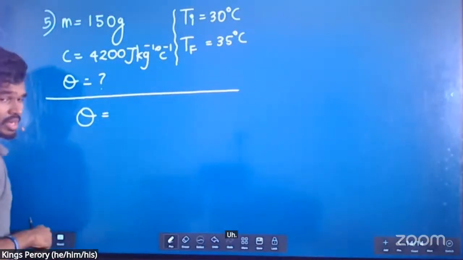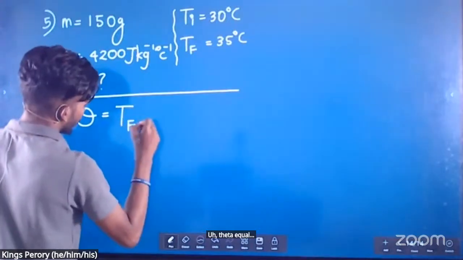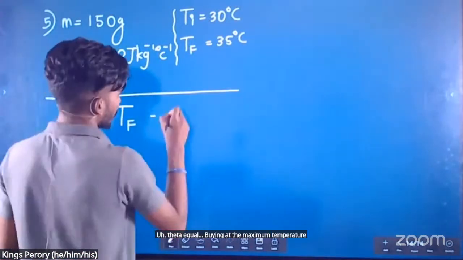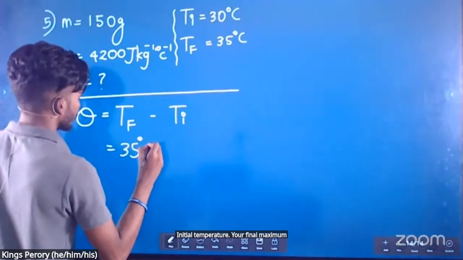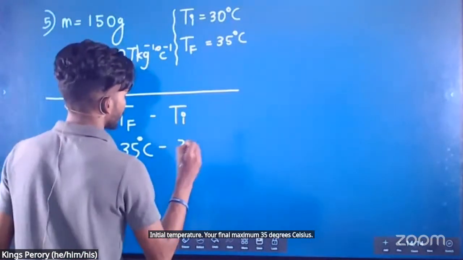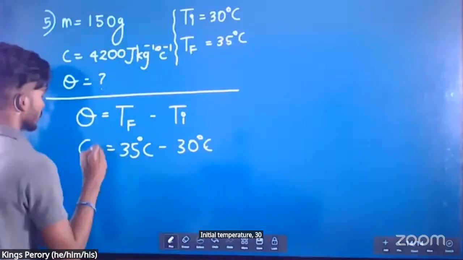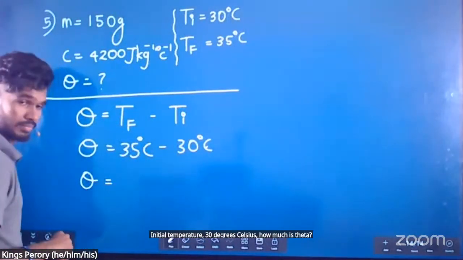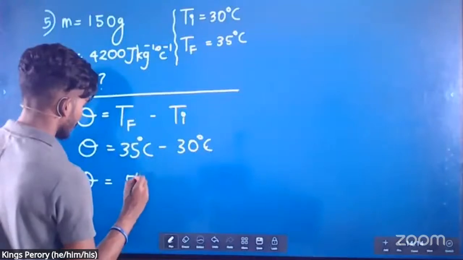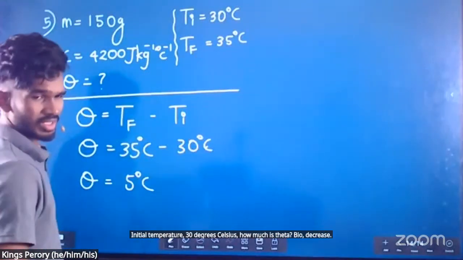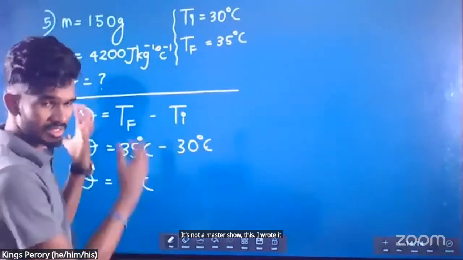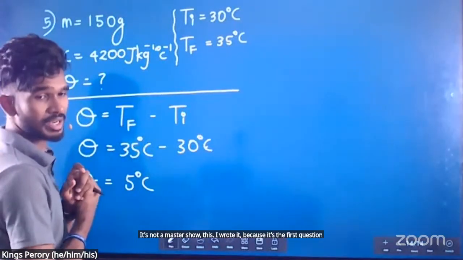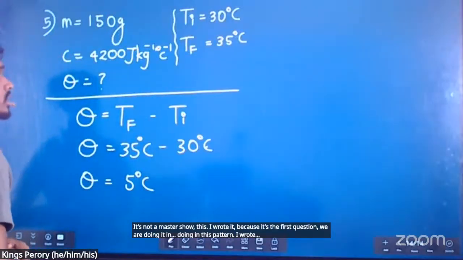Theta equals final maximum temperature minus initial temperature. Your final maximum is 35 degrees Celsius. Initial temperature is 30 degrees Celsius. How much is theta? 5 degrees Celsius. It's not a must to show this. I wrote it because this is the first question we are doing in this pattern.